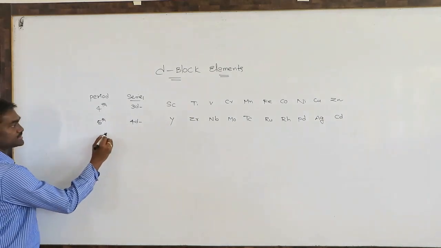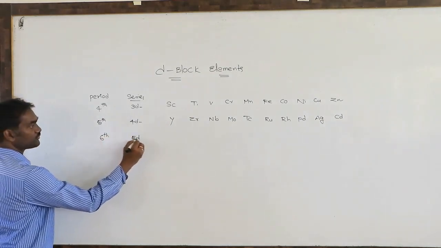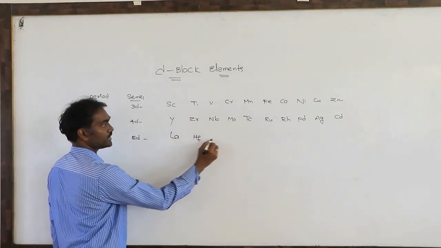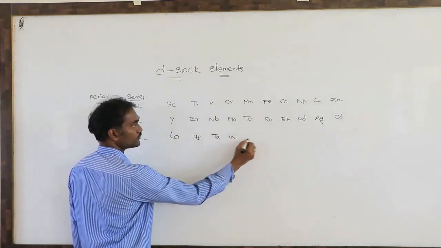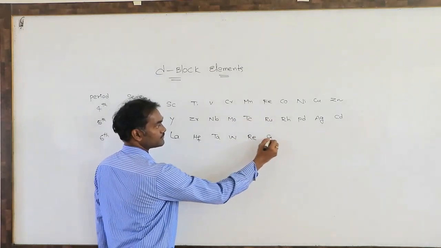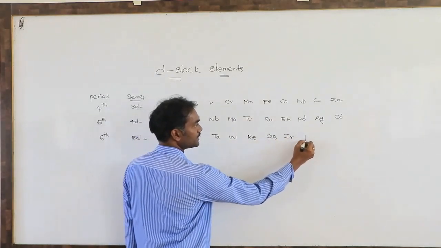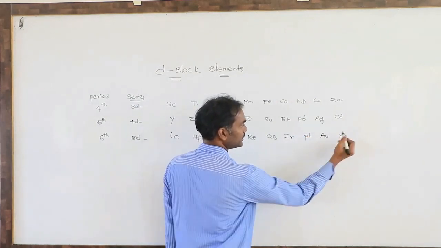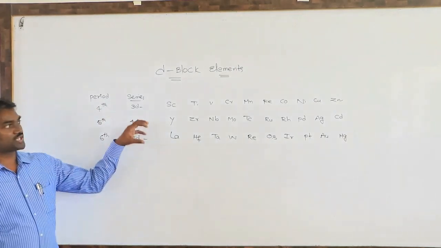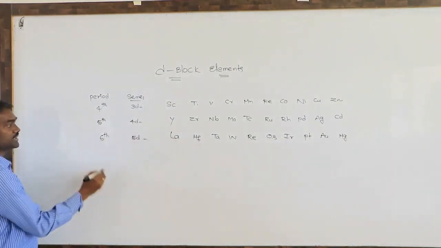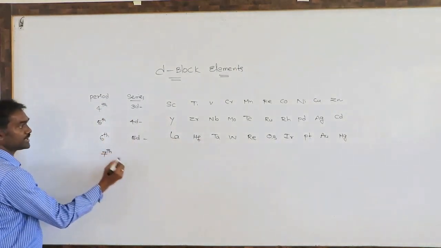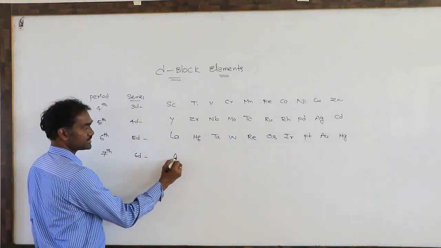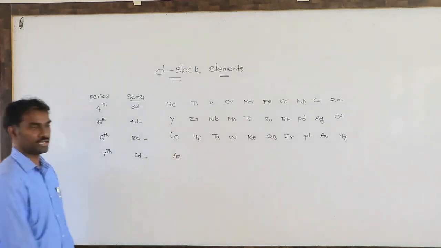Next, the sixth period, you call it the 5D series: lanthanum, hafnium, tantalum, wolfram, rhenium, osmium, iridium, platinum, aurum, gold, mercury. These three series are the most important. Next, the seventh period, 6D series. All are radioactive elements, starting with actinium.